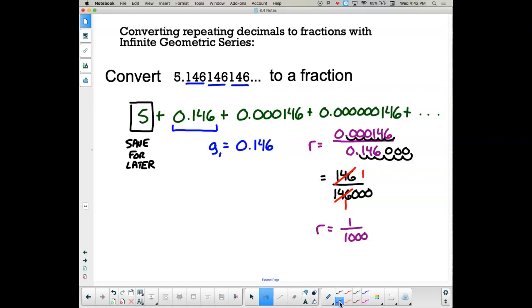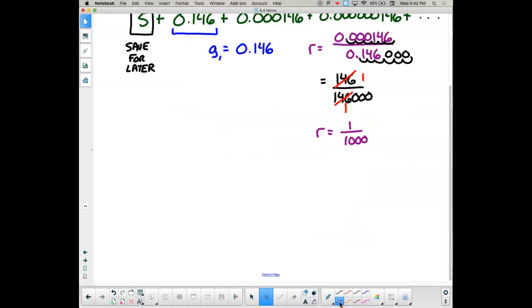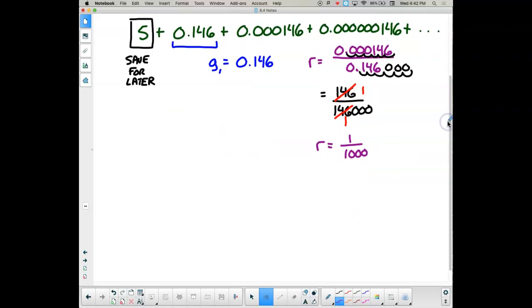Okay? So now I can find the sum of just the repeating part. Let me pull this back up so that it's still on there. So the sum of just the repeating part is going to be 0.146 divided by 1 minus 1,000th.